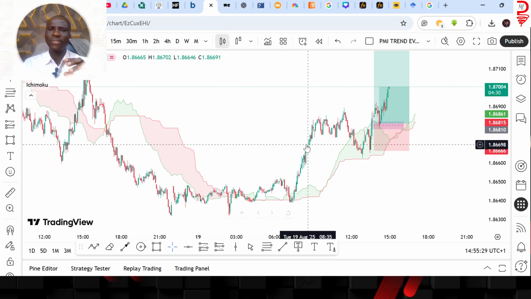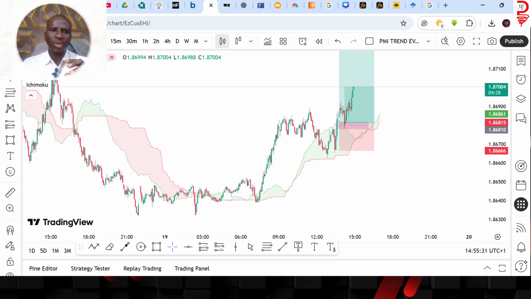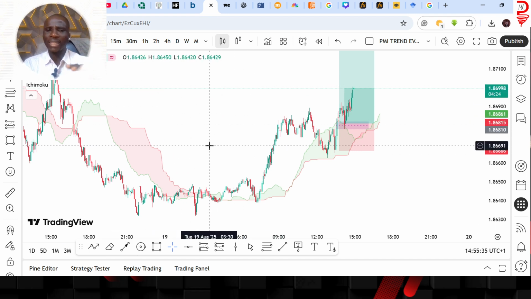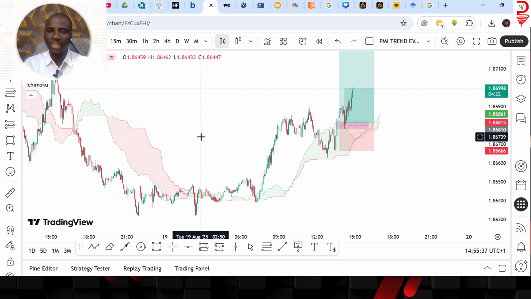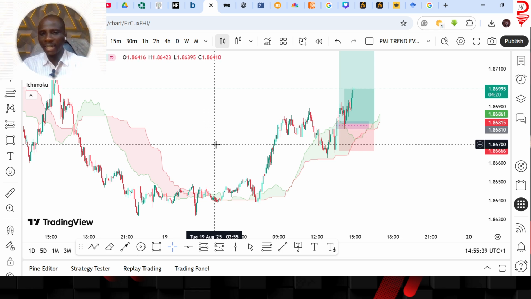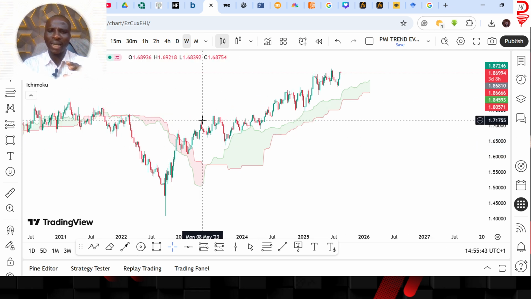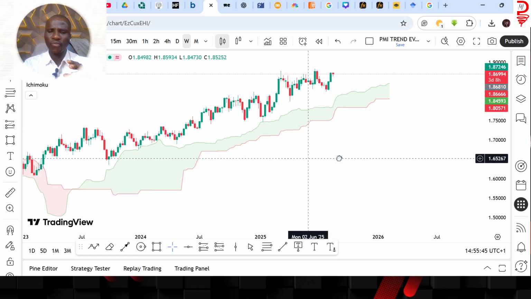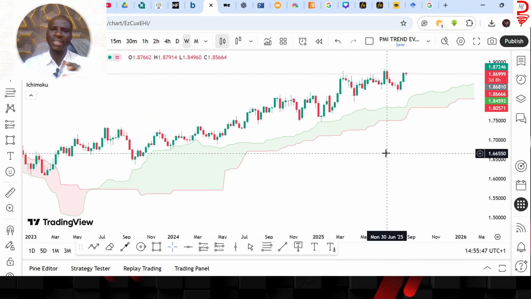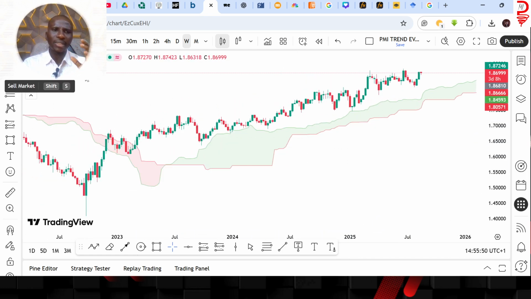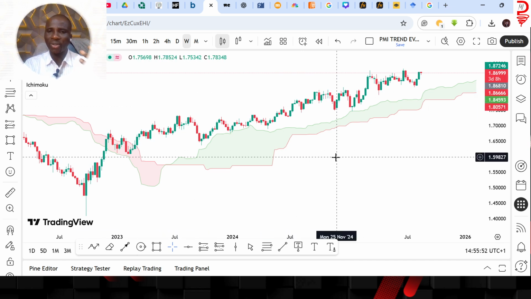And of course, if the Canadian dollar is weak, we already know that GBP has higher interest rates as compared to the Canadian dollar. And of course, by the time we overview our directional bias, it is obvious that the directional bias is in favor of GBP CAD on the buy.